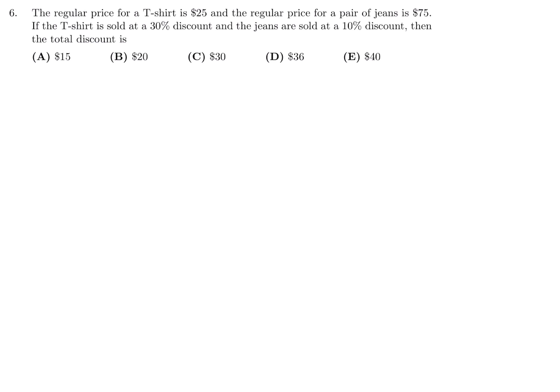The regular price for a t-shirt is $25 and the regular price for a pair of jeans is $75. If the t-shirt is sold at a 30% discount and the jeans are sold at a 10% discount, then the total discount is. So 30% discount, so 0.3 times $25. That's the discount calculation for the t-shirt.